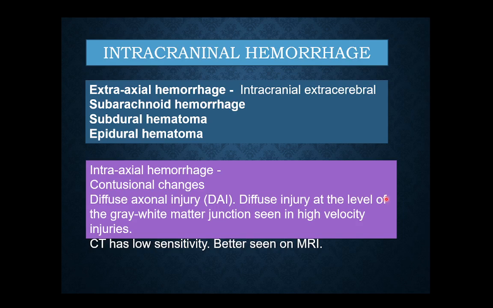If it is extraaxial, there are three types: epidural, second subdural, third subarachnoid. Then there is subgaleal, outside the skull, in soft tissue injury. So in the brain, we have three types: epidural, subdural, and subarachnoid.